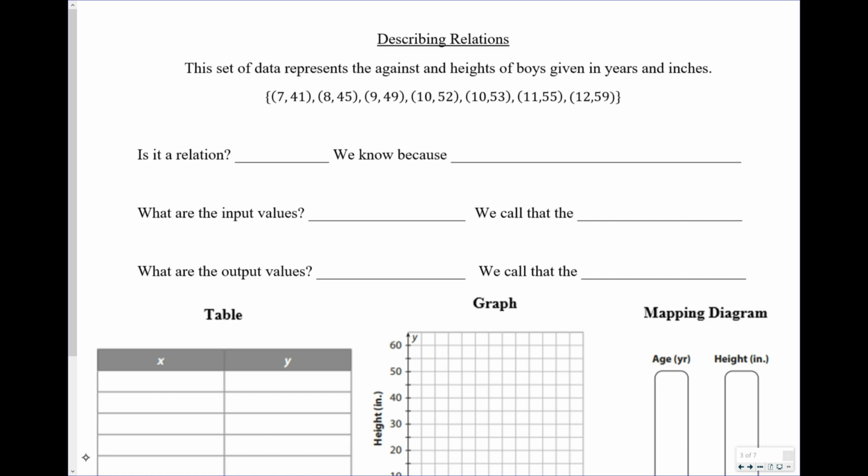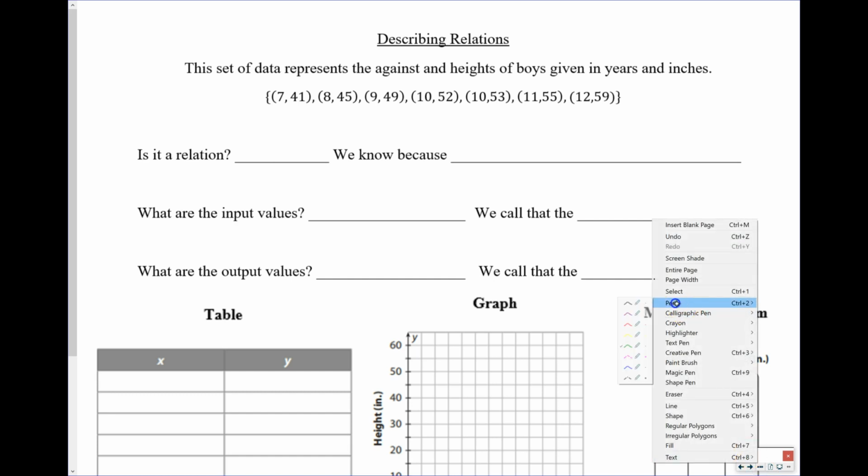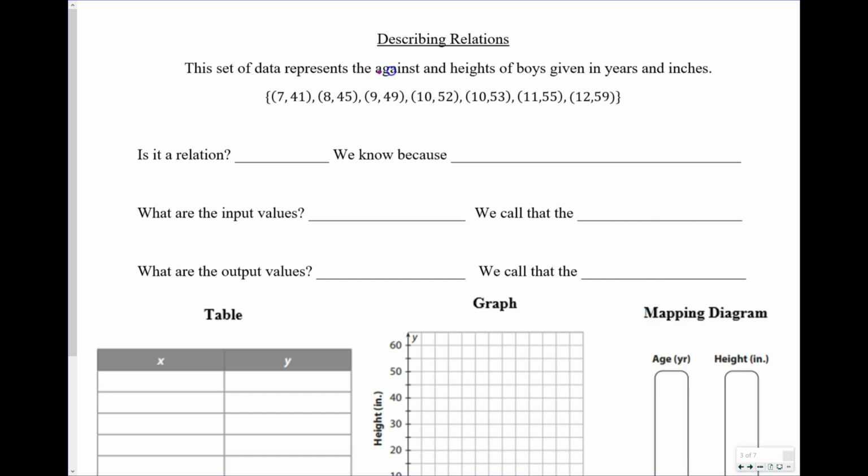This set of data represents the ages and heights. I'm pretty sure that should be the word ages and heights, so none of you get suckers for this one, because I already see that it should say ages. This set of data represents the ages and heights of boys, given in years and inches.